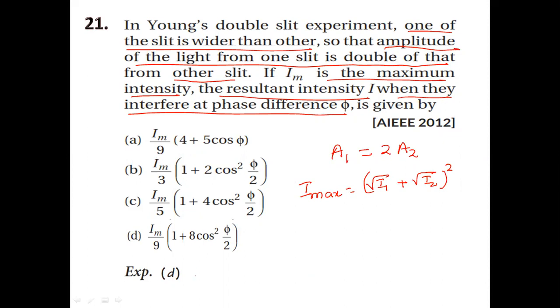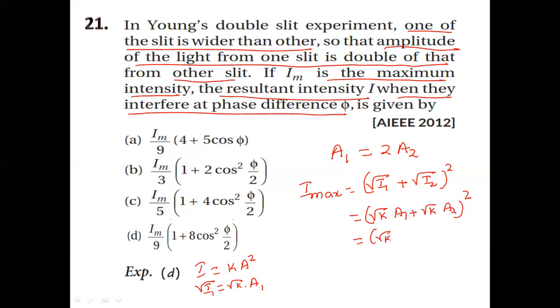Now we know the relation between intensity and amplitude: I is equal to K A square, so root I equals root K into A. So root I1 equals root K into A1. So that is root K times A1 plus root K times A2 whole square. A1 means 2A2 now.